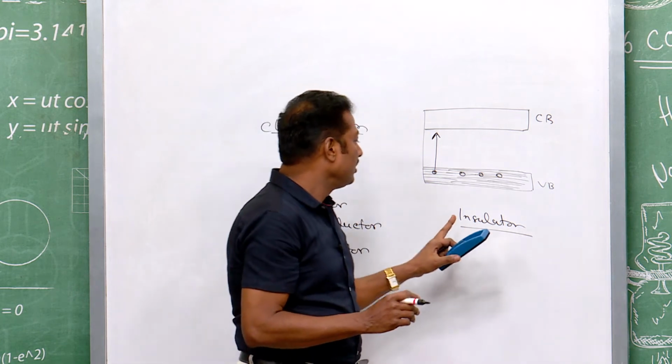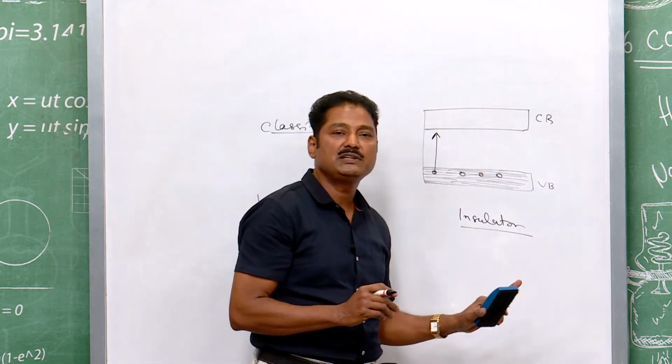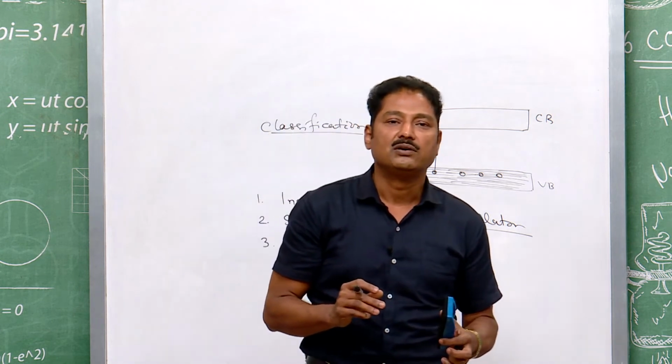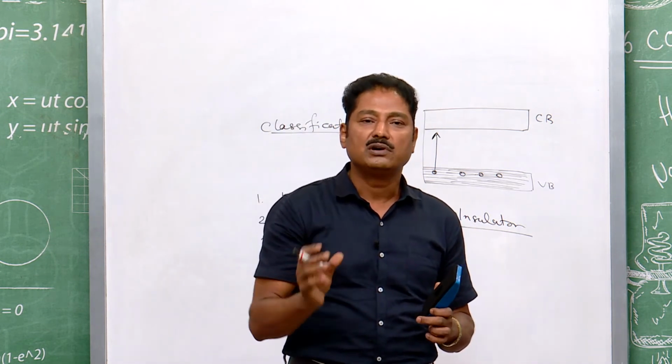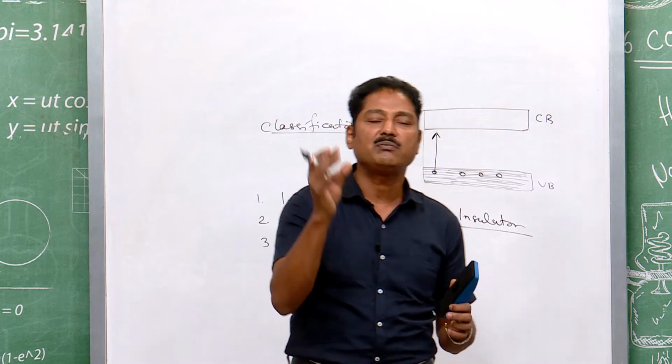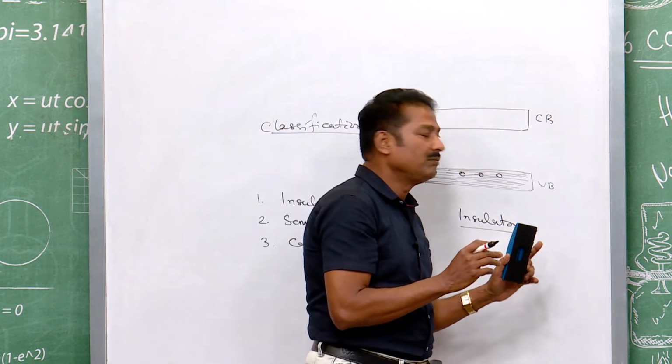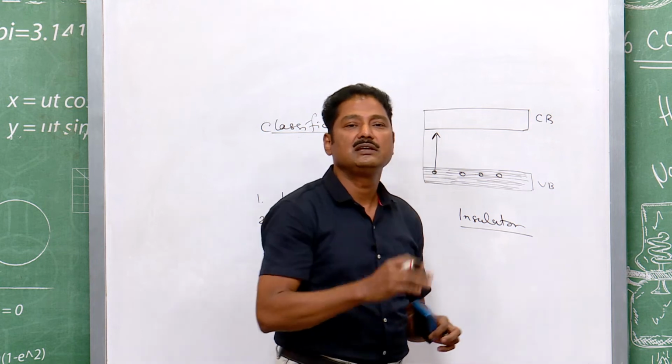It needs much more heat. That means heat is not sufficient. If you heat it up, if you warm it up, then it may burn, but the electron may not reach the conduction band.